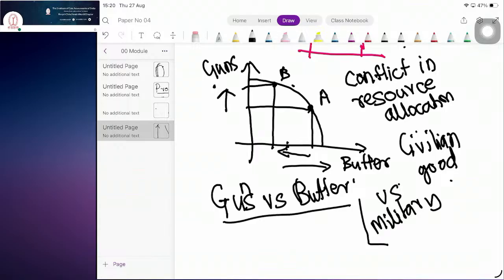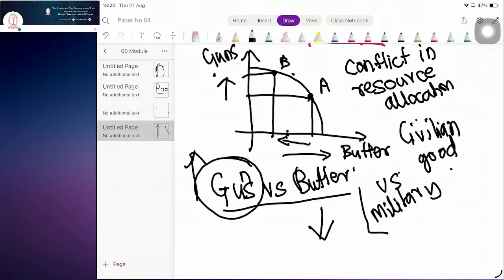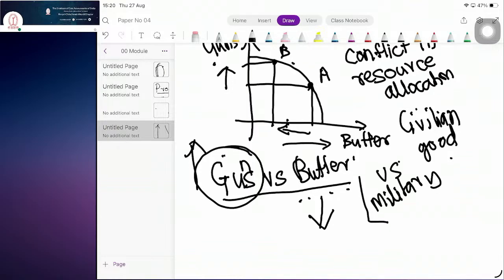So whenever these countries increase allocation to defense, they will be producing less civilian goods. It is coming at a very high opportunity cost. All that money, if it was used for civilian purposes, could have helped the world in terms of health, hospitals, education. But instead, we are using more and more resources for defense. Did you all get this?